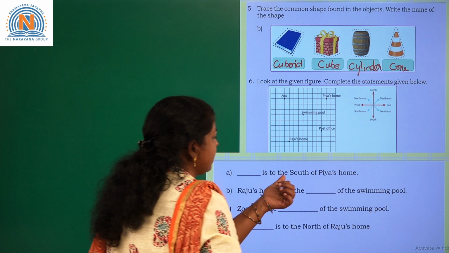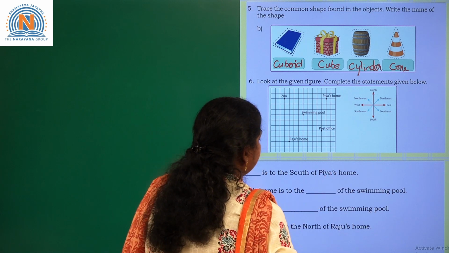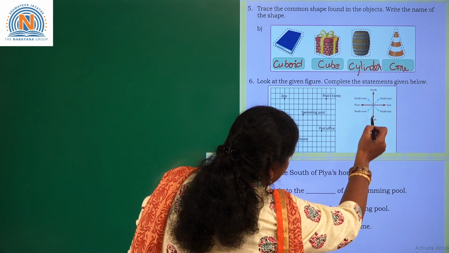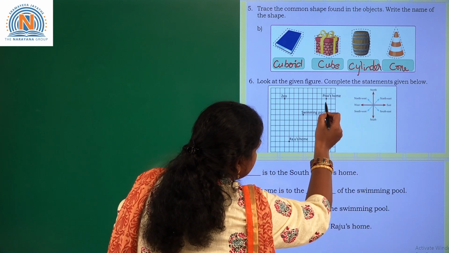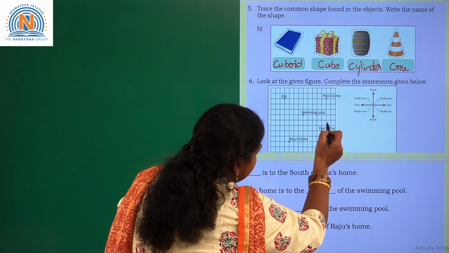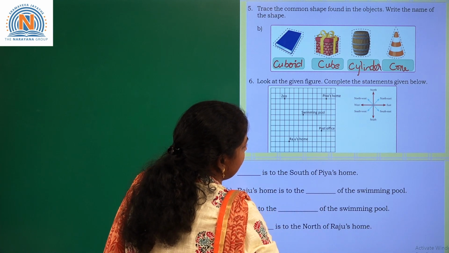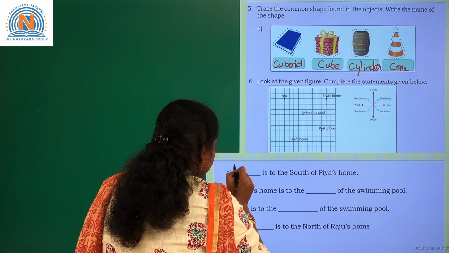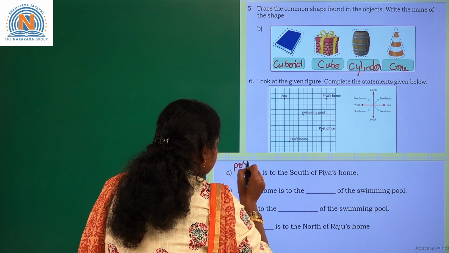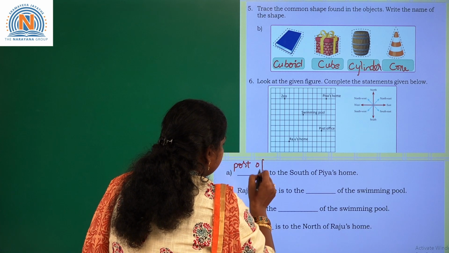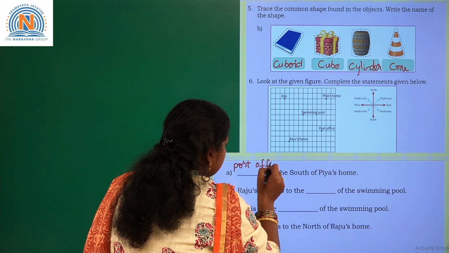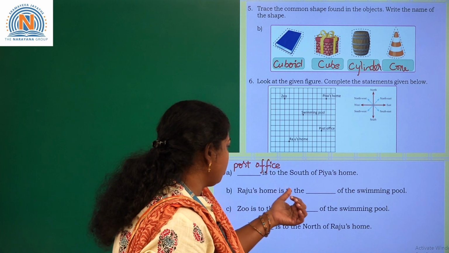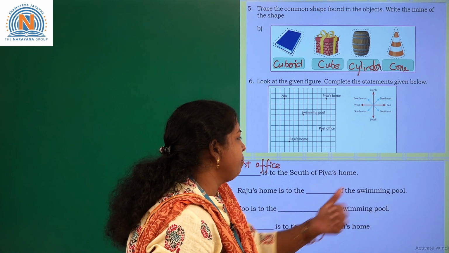Dash is to the south of Pia's home. Which is south side from Pia's home? Post office. So, consider post office. Raju's home is to the dash of the swimming pool.